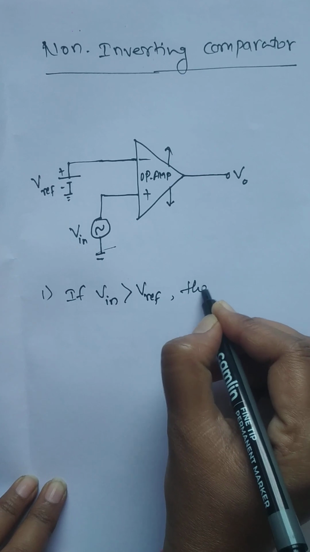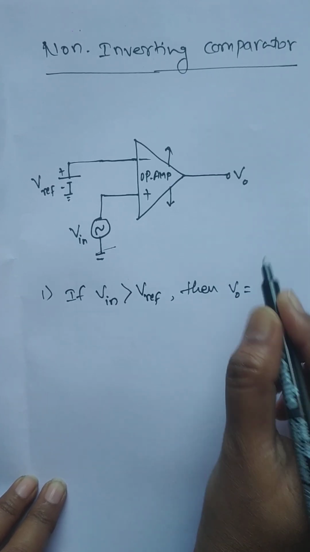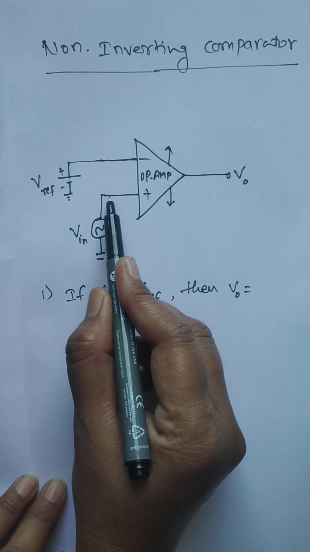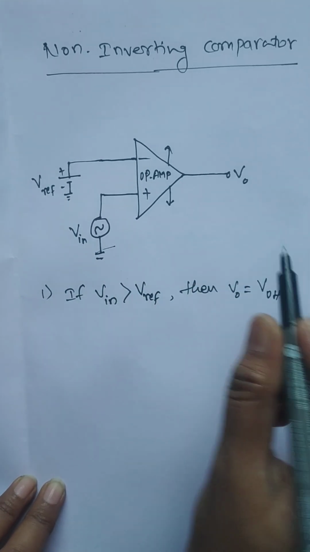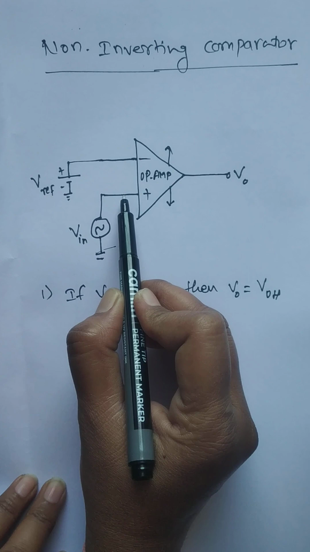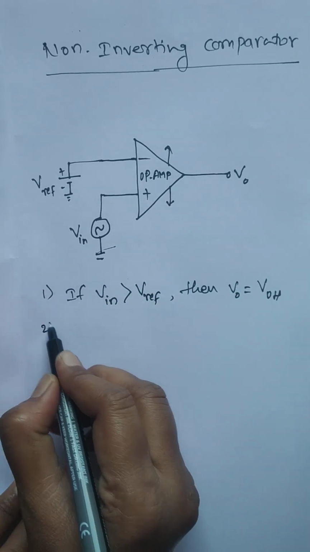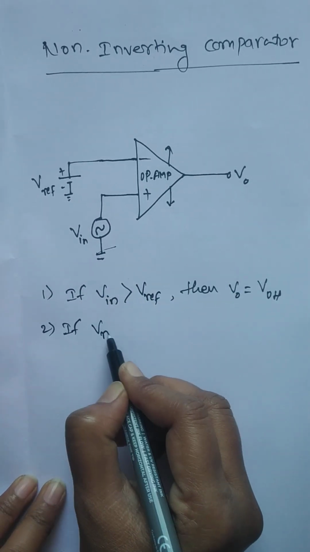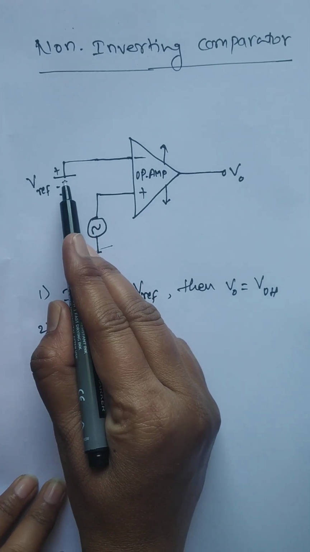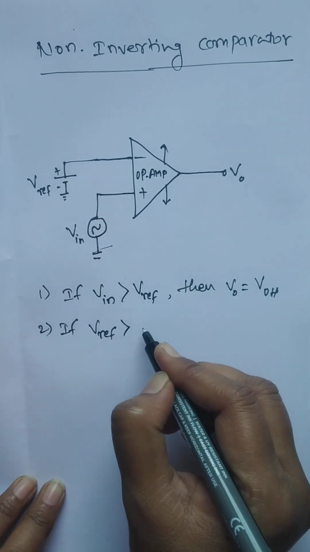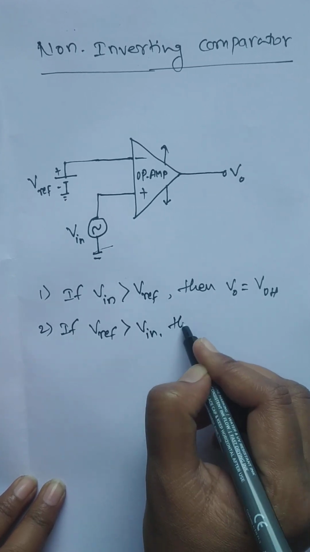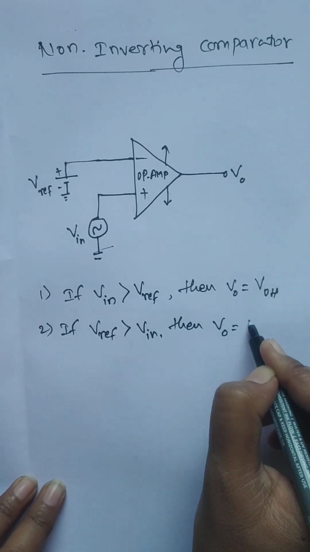Then the voltage at this point is higher, so output voltage will be higher, and if the voltage at this point is lower, then output voltage will be lower. Second, if V reference, that is the voltage applied at the inverting terminal, is greater, then output voltage will be lower.